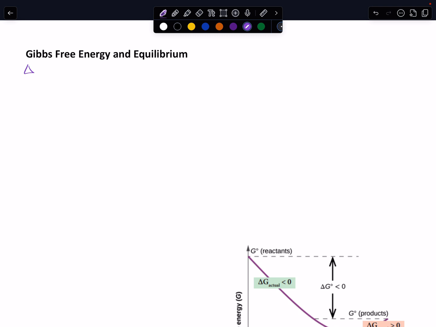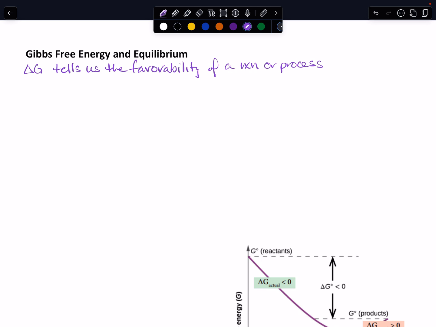All right, so let's start with our understanding that delta G tells us the favorability of a reaction or process. We know that delta G is a measure of the free energy that is available after a process or reaction has occurred.